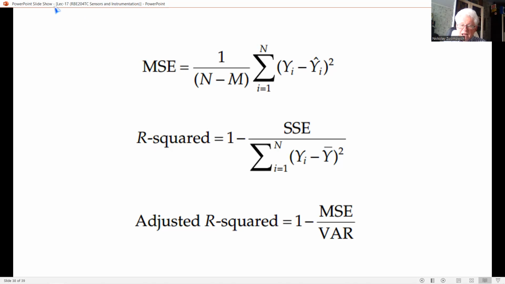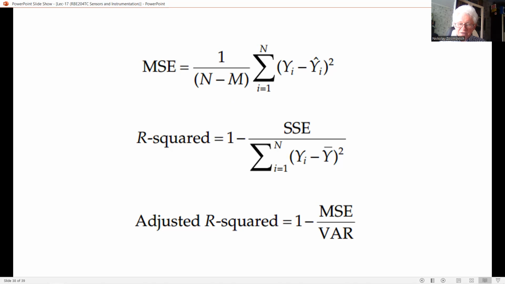The number n minus m is called the residual degrees of freedom. For a line fit, m equals 2. The rationale for this adjusted average should be clear. In particular, when the same number of data points is used to estimate more model coefficients, the estimation accuracy would be lower.